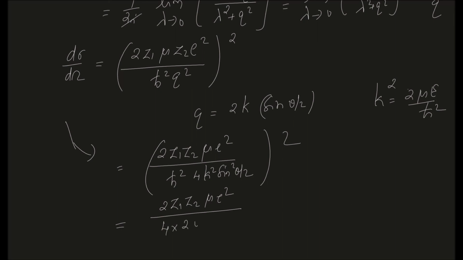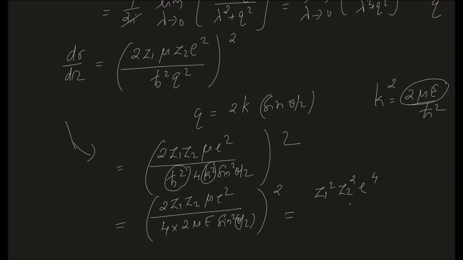So if you substitute for k square, this will become (2 Z1 Z2 mu e square divided by 4 into 2 mu E sin square(theta by 2)) whole square, because the term h cross square k square in the denominator can be written as simply 2 times mu E. So this will give us Z1 square Z2 square e raised to 4 divided by 16 E square, then we have sin raised to minus 4 (theta by 2).